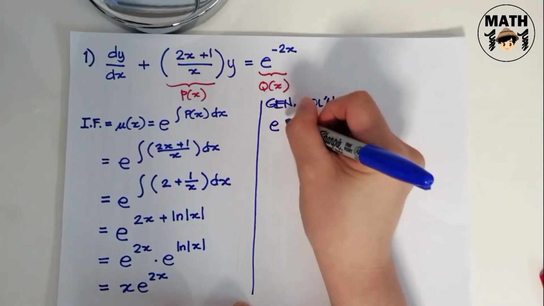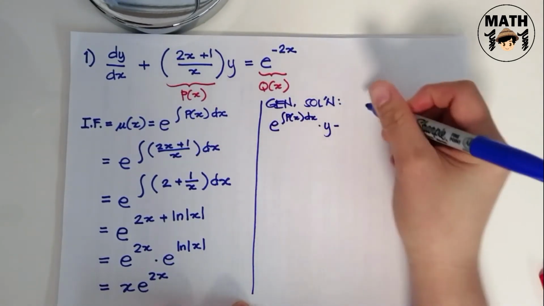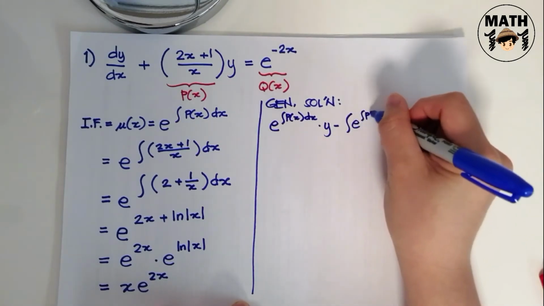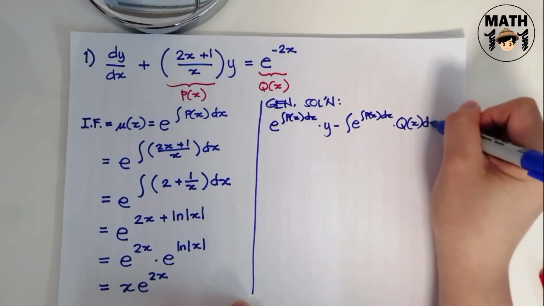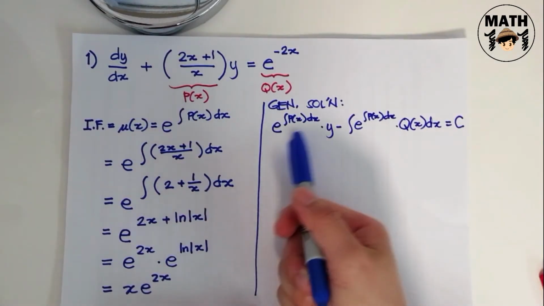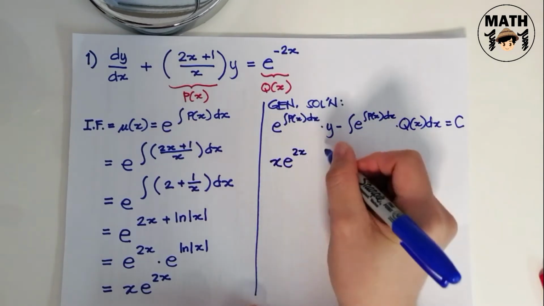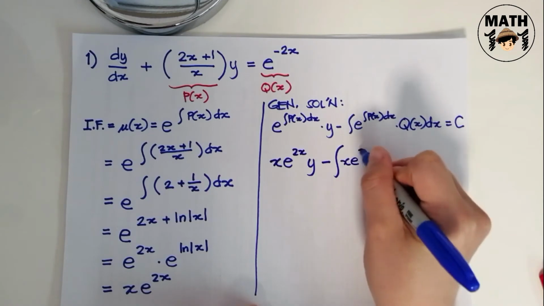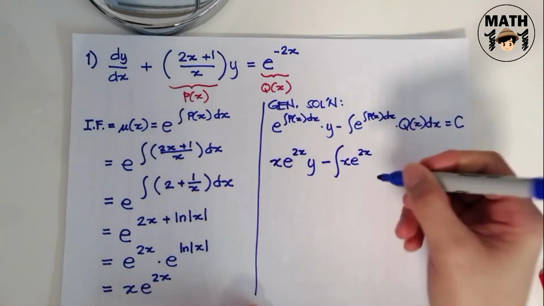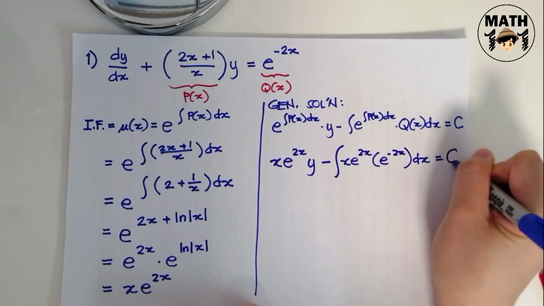The general solution is written as the integrating factor multiplied by y minus the integral of the integrating factor multiplied by q of x dx equals c. Our integrating factor is this term, times y, minus the integrating factor multiplied by q as a function of x, equals c.